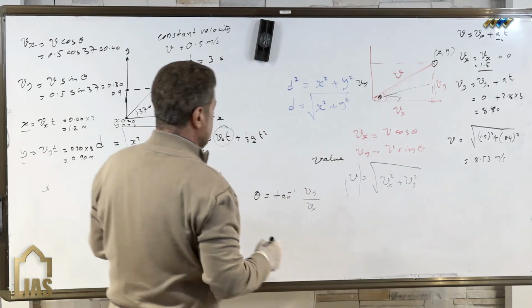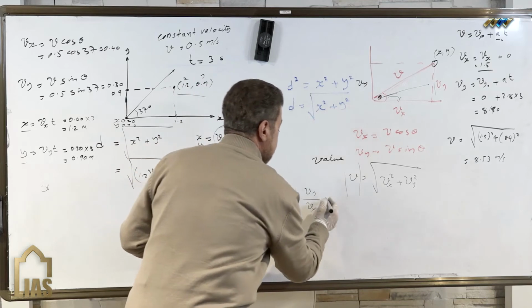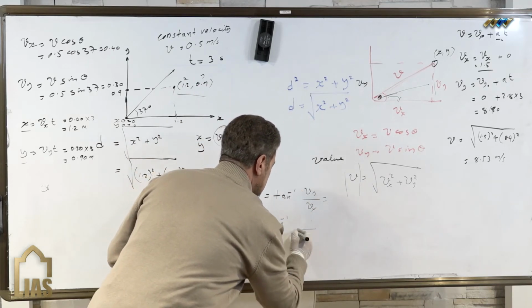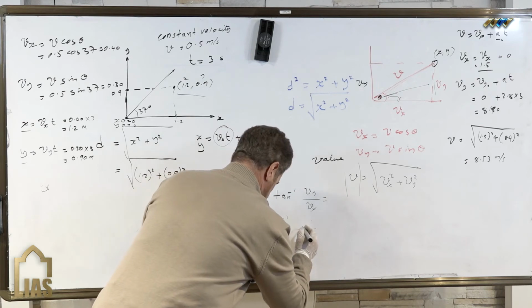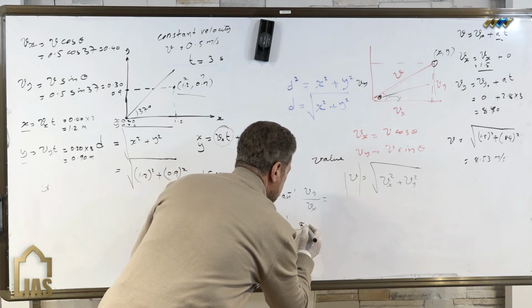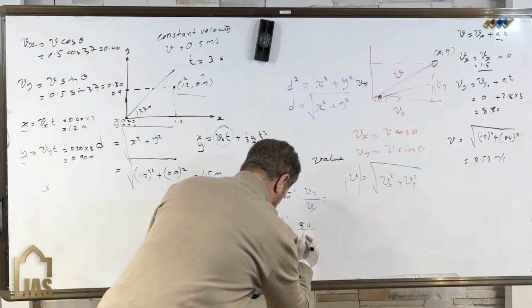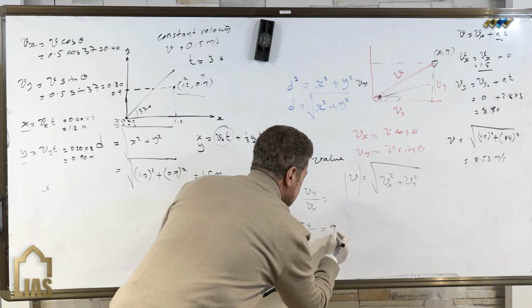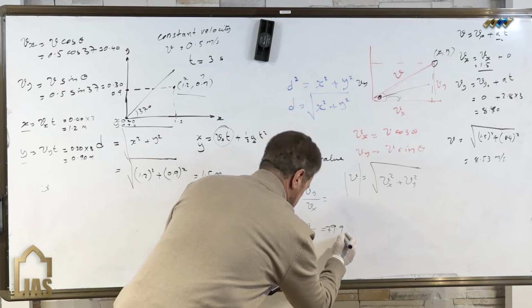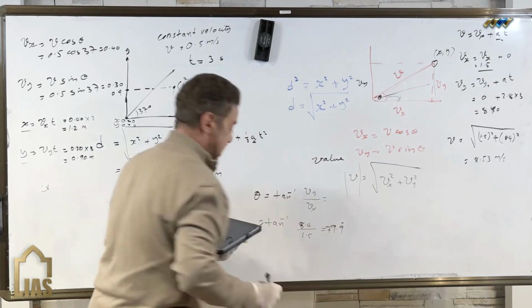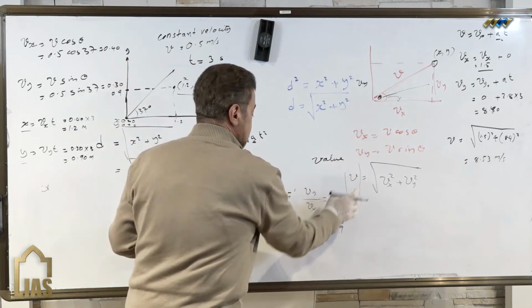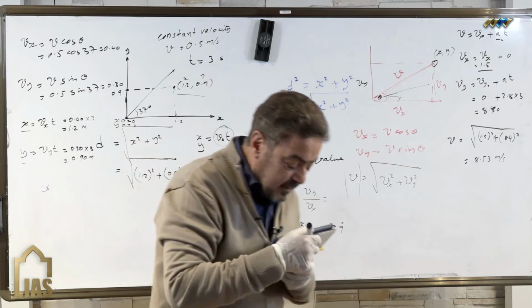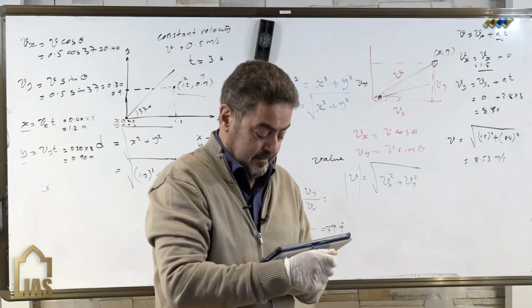So theta is tan minus 1 of 8.4 over 1.5, which gives you 97.9 degrees.